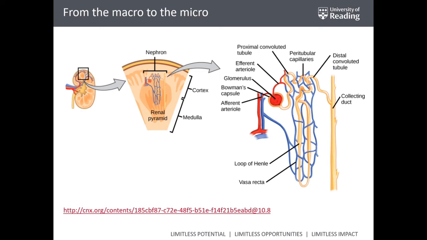So going from the macrostructure to the microstructure, we will focus now on the nephron, of which you can see an overall description of the structure. Okay, so you see a glomerulus on which the afferent arterioles converge.